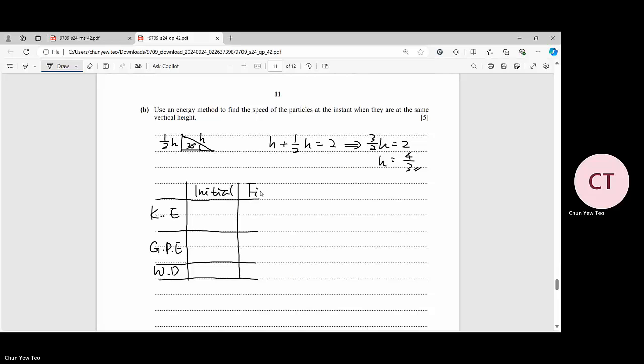Initially and finally. So at the very beginning, for the P, it doesn't have kinetic energy. This is for the P, this is for the Q. This is the work done.